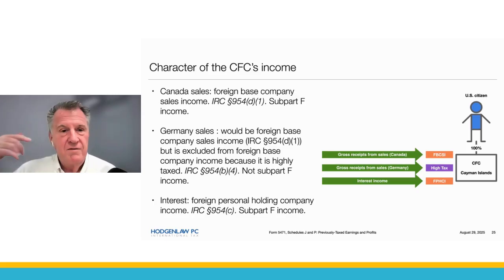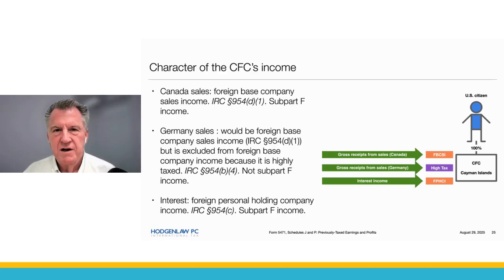First, let's look at how this income is characterized for CFC taxation and US shareholder taxation. So the Canadian sales: when a CFC buys inventory from a related party and sells it to unrelated people, in other words, the CFC is just a paperwork markup machine going through, that's called foreign-based company sales income.